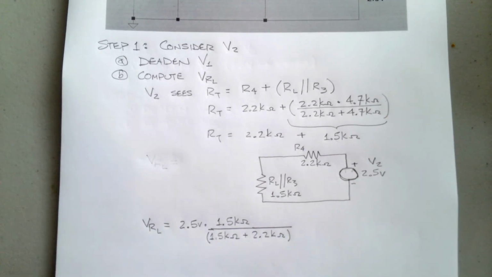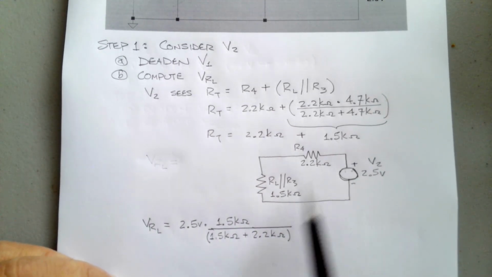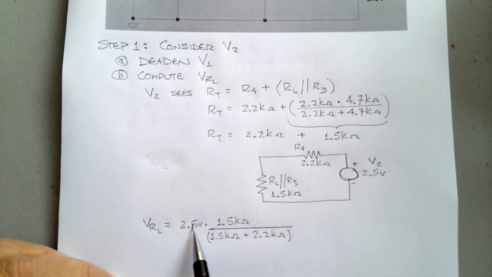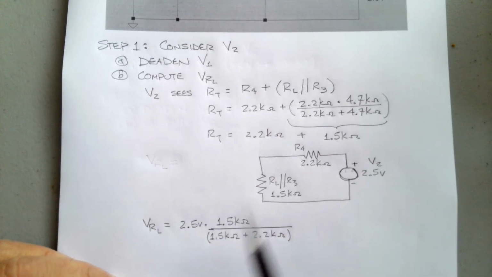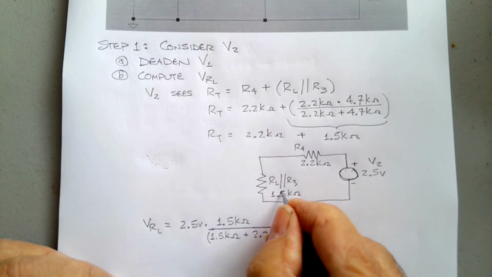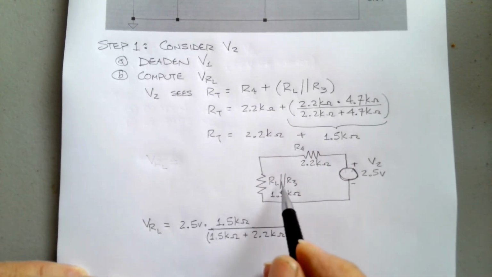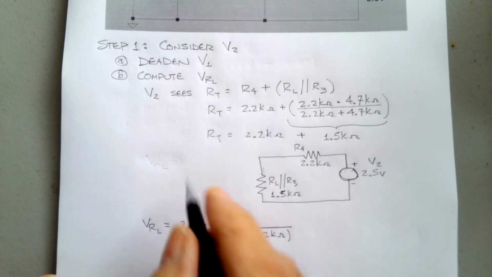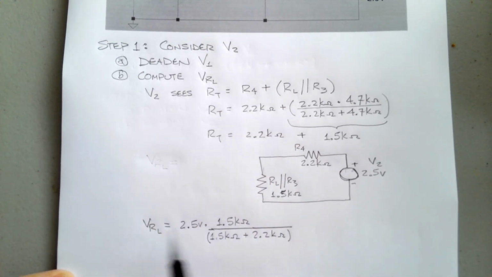All right, and so again, just underscoring the voltage divider rule, 2.5 volts divided by the sum of those two resistors gives me the total current. When I multiply the total current times my 1.5 k ohms here, I wind up with the voltage across this parallel combination, which is also VRL.